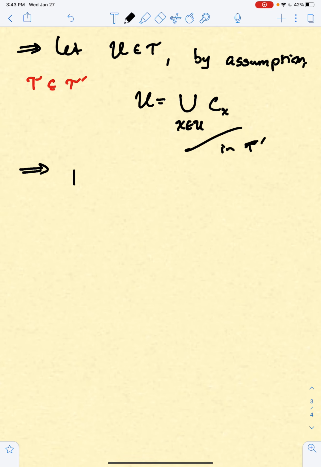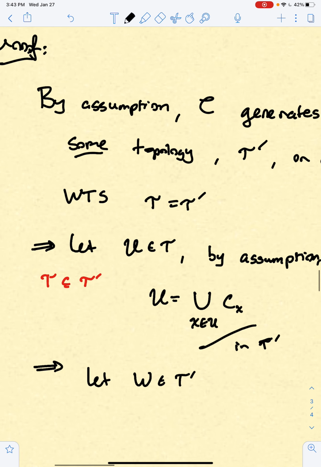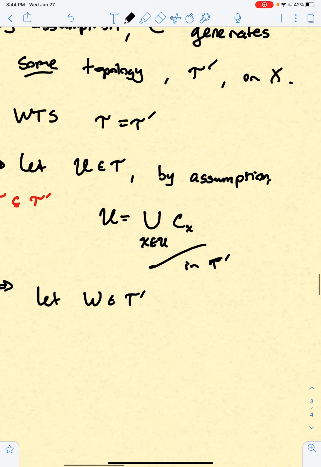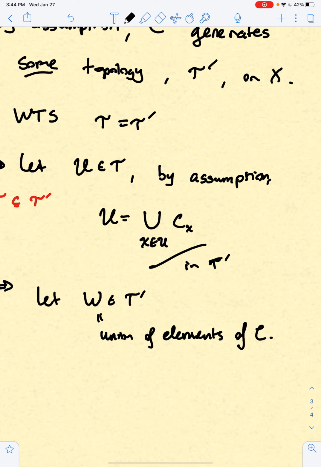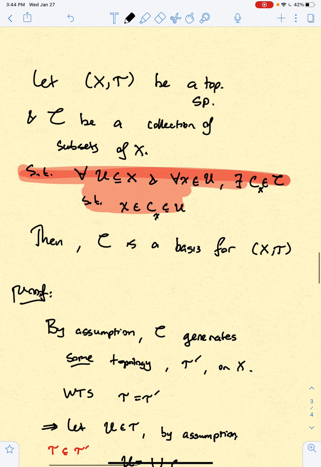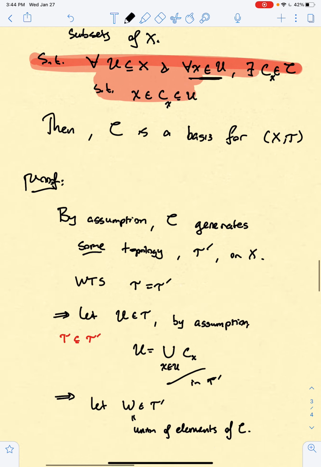Likewise, let W be in tau prime. All that means is that it's a union of elements in C. But by assumption, these things are all open.